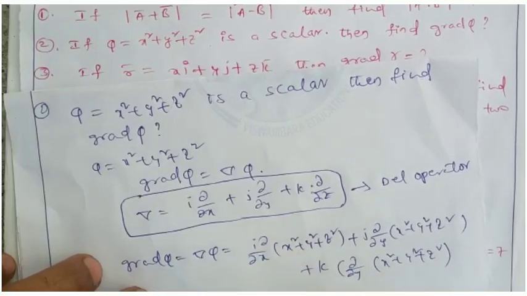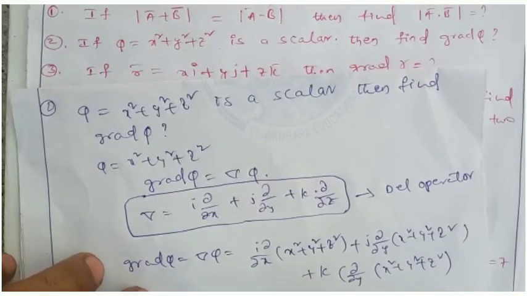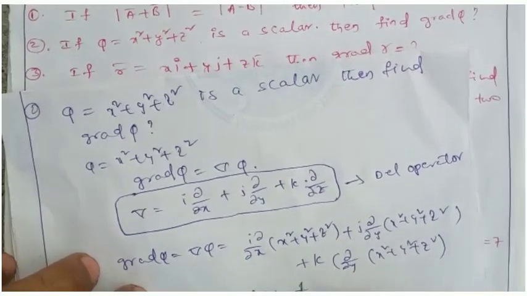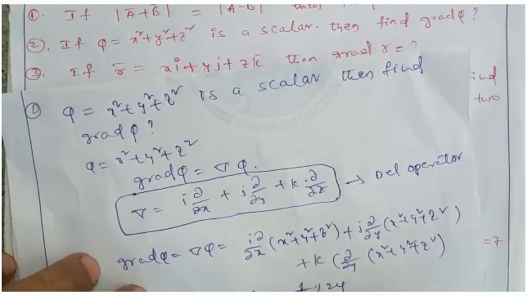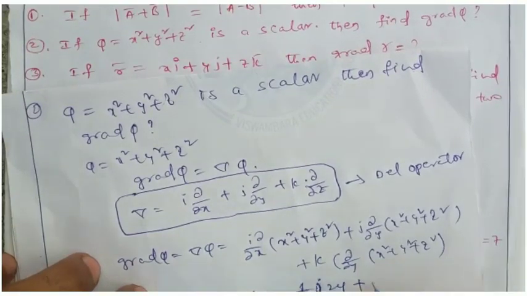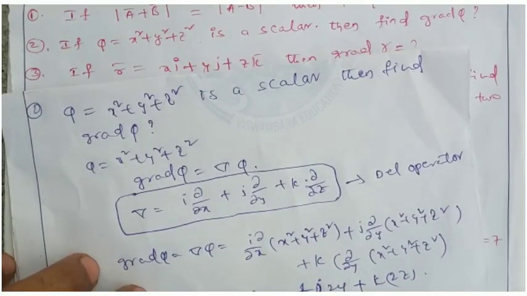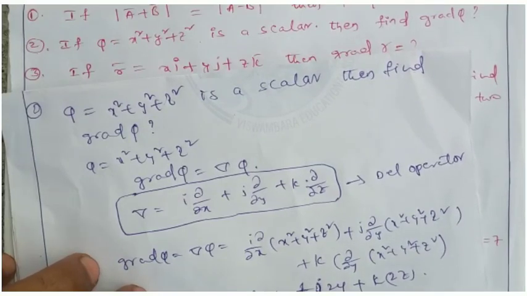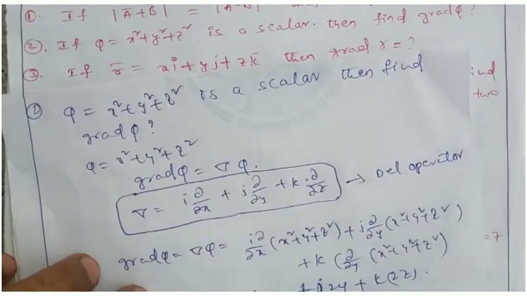So the x square derivative gives i into 2x, plus similarly the y square derivative with respect to y is 2y, that is j into 2y, plus k into 2z. If you take 2 common, we get 2 times xi plus yj plus zk. It is the required solution.